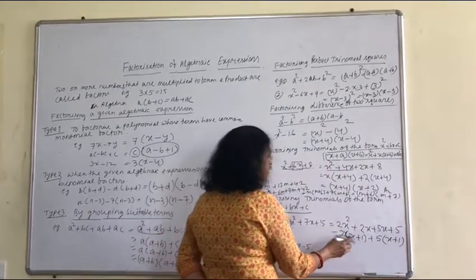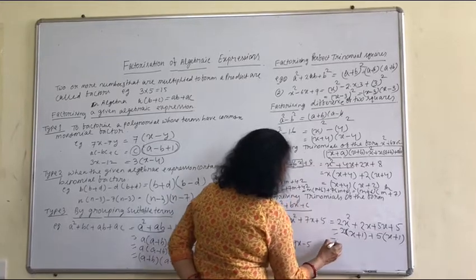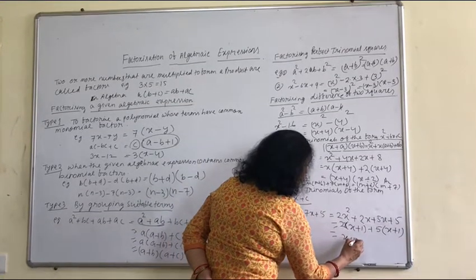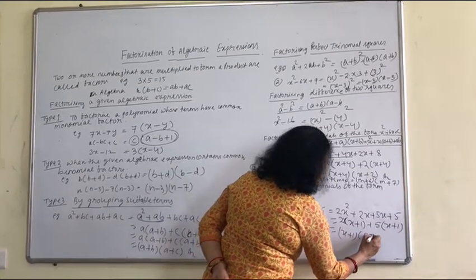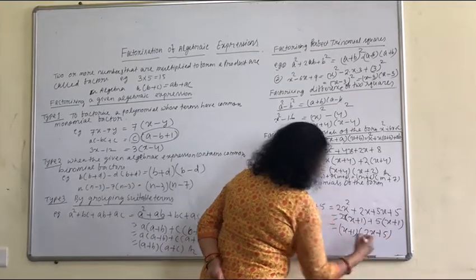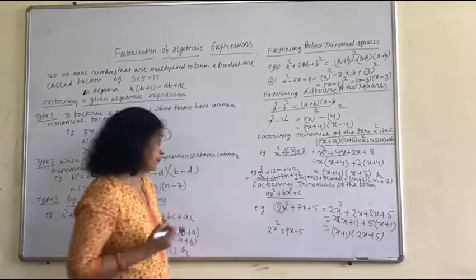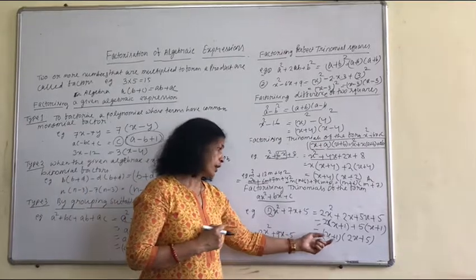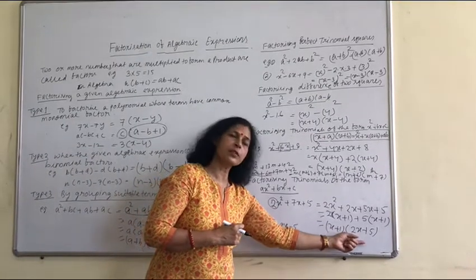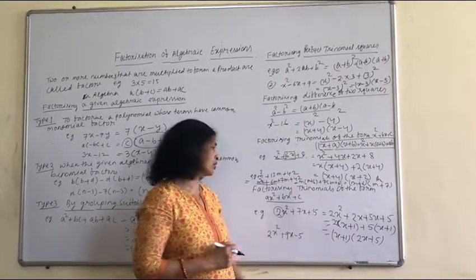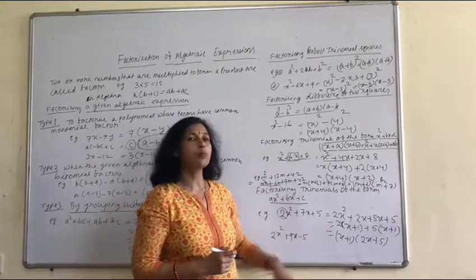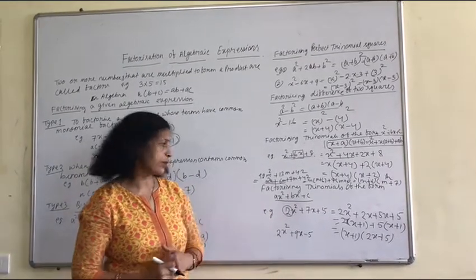Then in both the cases x plus 1 is present, so you take x plus 1 common, and you get 2x plus 5. So x plus 1 and 2x plus 5 are the factors of 2x square plus 7x plus 5.